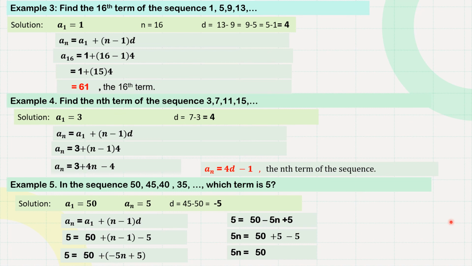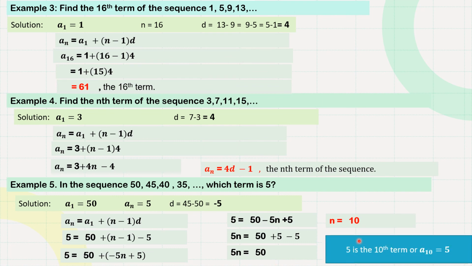Pero hindi pa yan tapos. Kailangan 1 ang numerical coefficient ng n, kasi si n ang hinahanap natin. So, anong property ang gagamitin natin to solve? Division property of equality. Divided by 5 both sides of the equation. So, n equals 10. Meaning, 5 is the 10th term or the a sub 10 of the sequence 50, 45, 40, 35, so on and so forth.